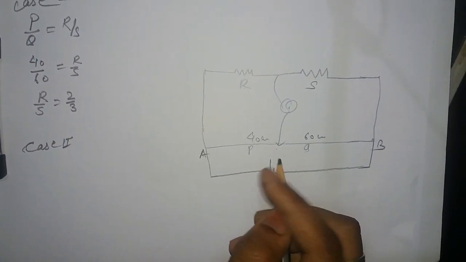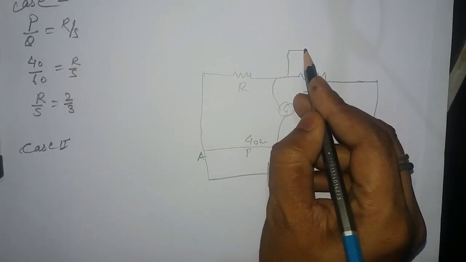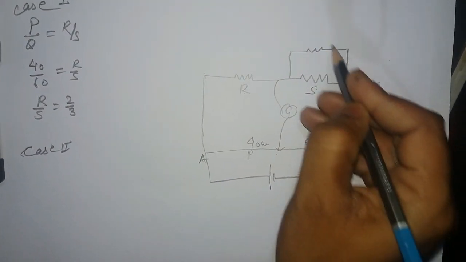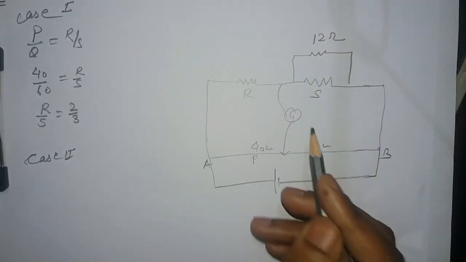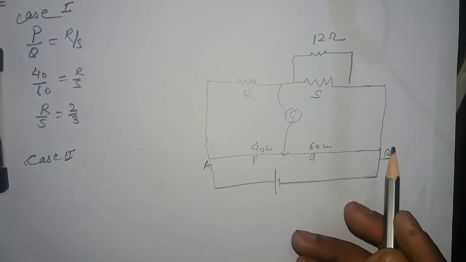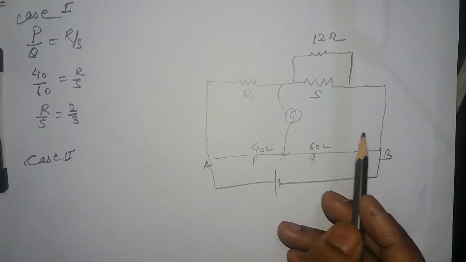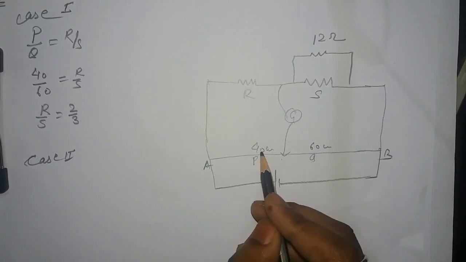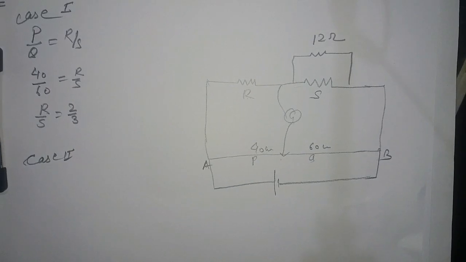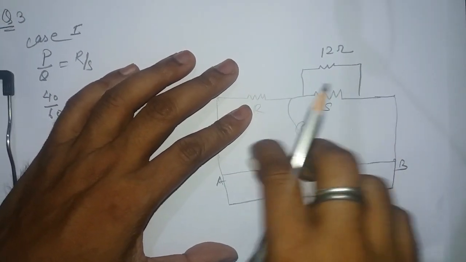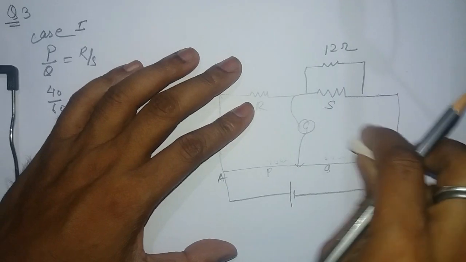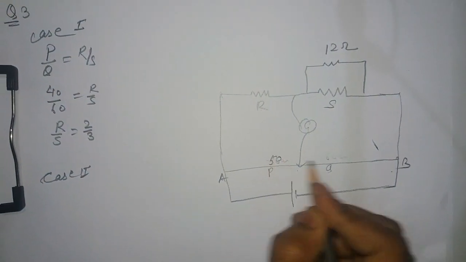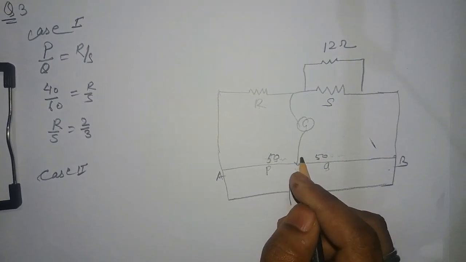In case 2, when 12 ohm resistance is connected in parallel, then at which point are we getting the null point? Null point is at 50. तो ये कितना हो जा रहा है? 50 हो जा रहा है. Now it is 50 and 50.